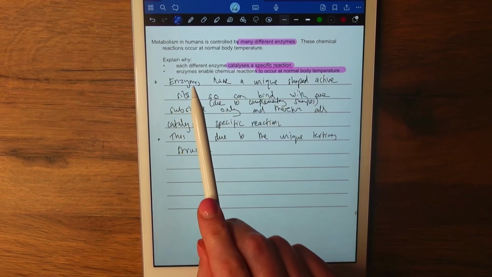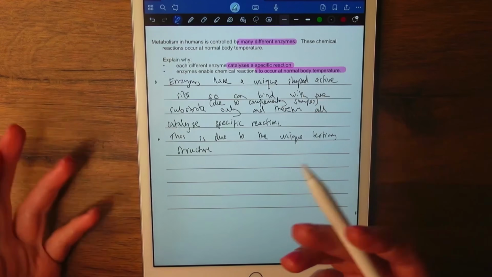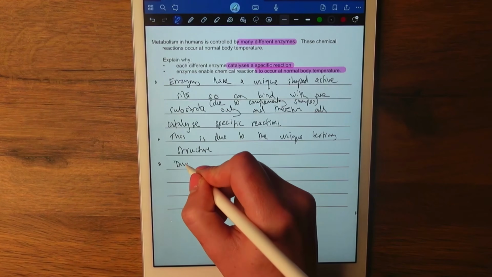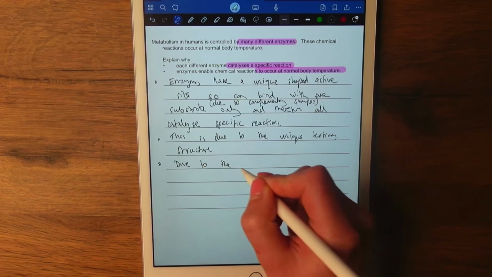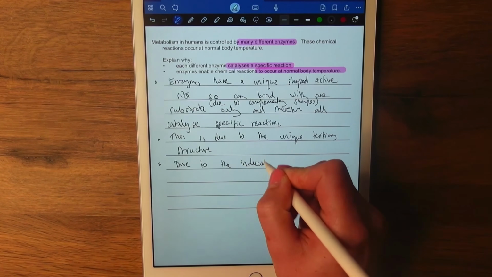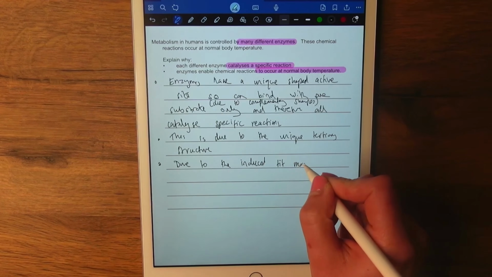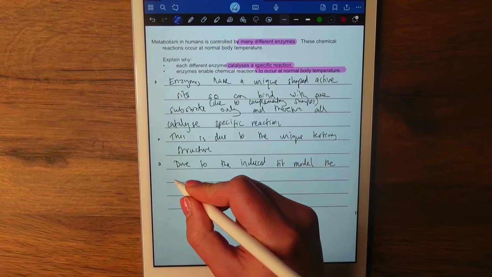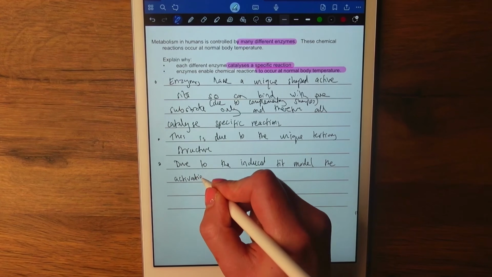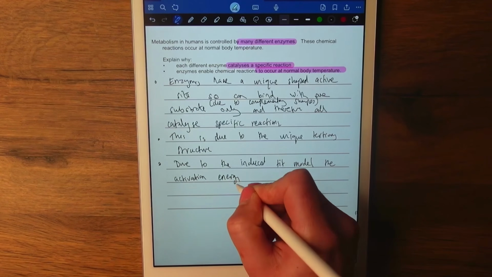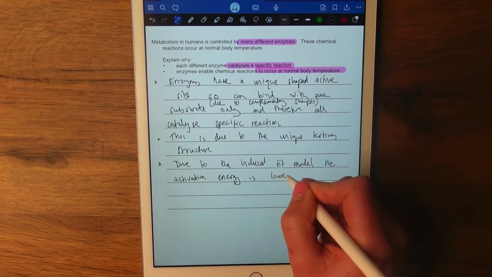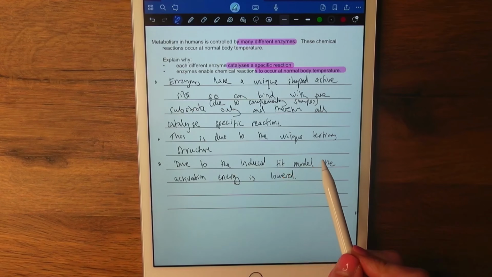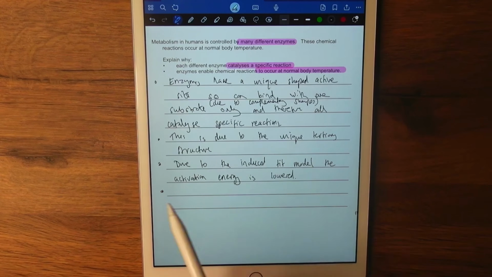Then, how does it enable them to occur at normal body temperature? This is basically explaining the induced fit model. So I'm going to say due to the induced fit model, because there'll be 1 mark for saying that, because they haven't mentioned anywhere the induced fit model. So due to the induced fit model, the activation energy is lowered. And that's actually probably going to be 2 marks: induced fit model, lowered activation energy.